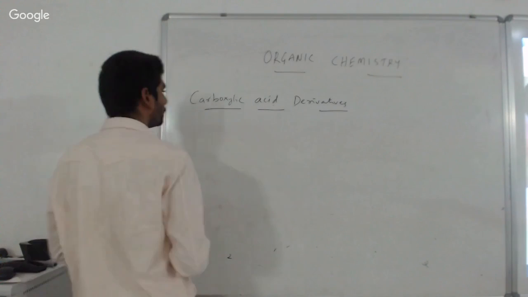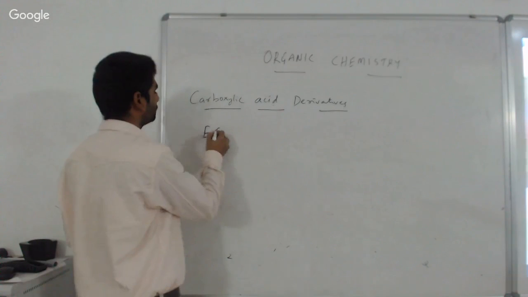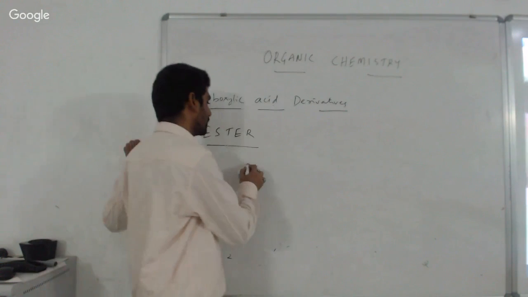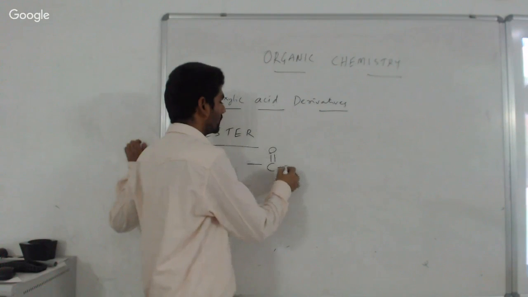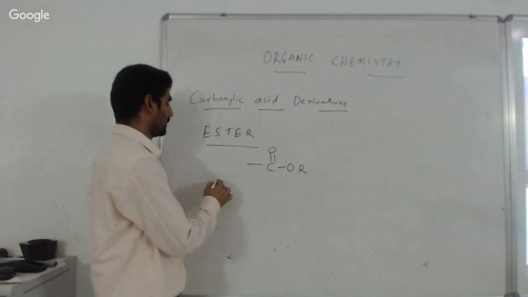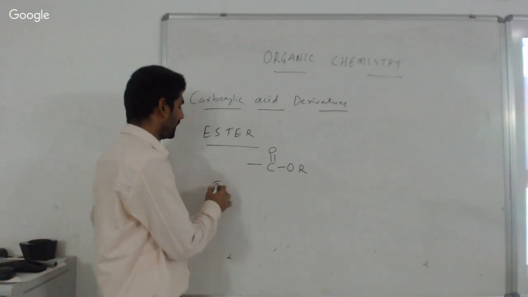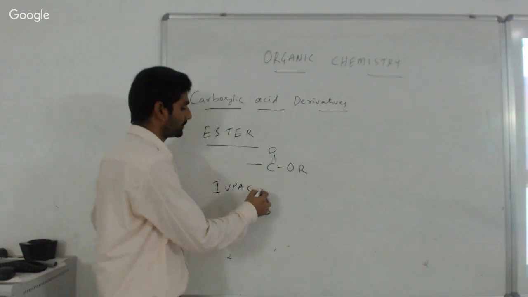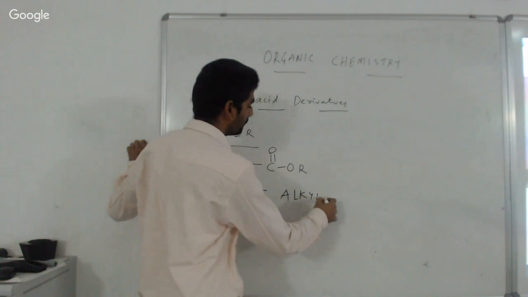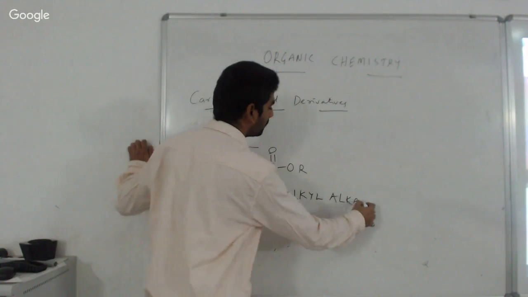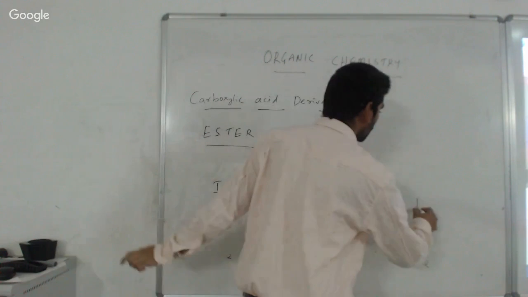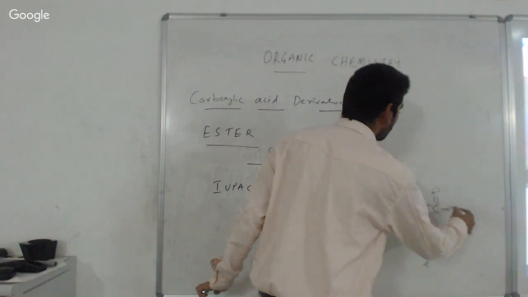Next derivative: ester. The functional group is RC double bond O OR. The IUPAC name is alkyl alkanoate.